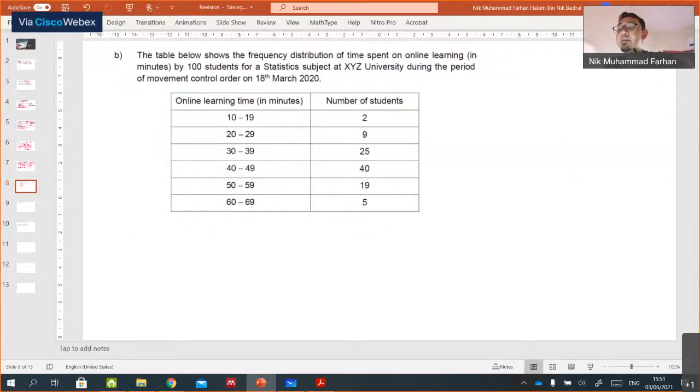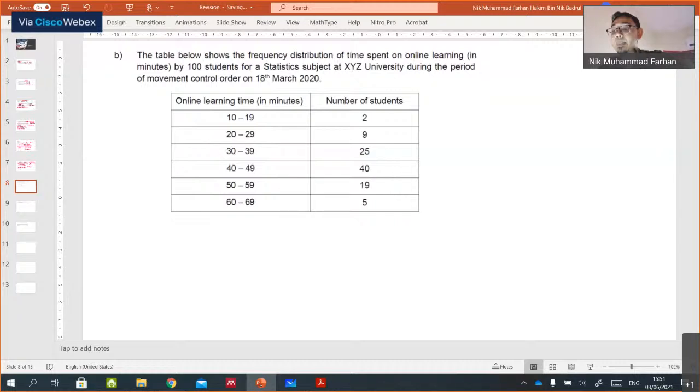Sorry, class boundary or class limit? In this case, 19 is followed by 20, so this is actually class limit. So you have to find the class boundary.